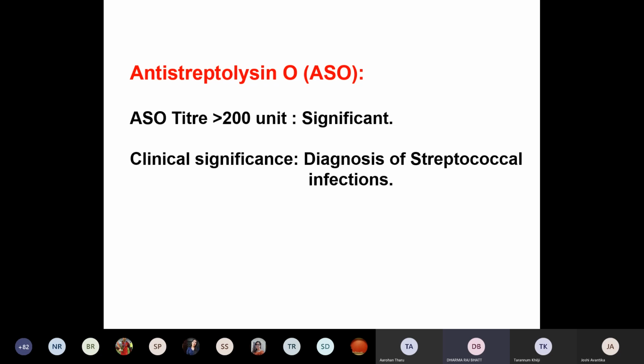So, an increase in the level or titer of anti-streptolysin O of more than 200 units is considered a significant titer, and it is suggestive of past streptococcal infection, group A streptococcal infection. That's why its clinical significance is in the diagnosis of streptococcal infections, but not generally in the diagnosis of pharyngitis.